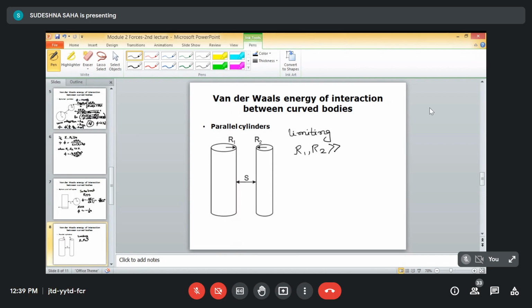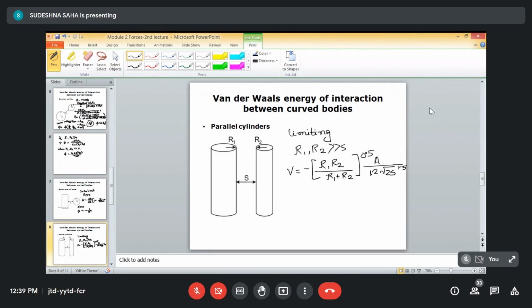R1, R2 much greater than S. Then it reduces to V will be, why I'm writing V, I will explain, minus R1 R2 divided by R1 plus R2 whole to the power 0.5, A divided by 12 square root of 2 S to the power 1.5.